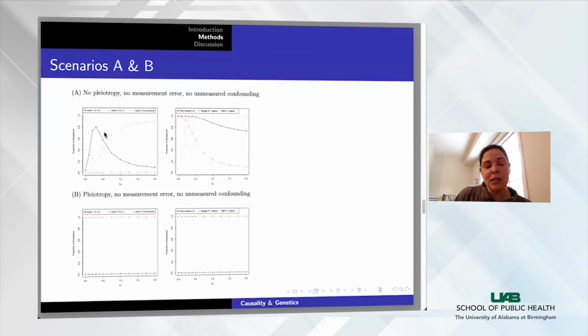As the correlation between X and Y gets too strong, the Steiger z-test is no longer able to detect a difference between the SNP and X correlation and the SNP and Y correlation. So it can't infer the direction of the effect, which makes sense. If there's too much correlation between X and Y, it would be hard to infer the directionality of that arrow. So we see it increase and then decrease.